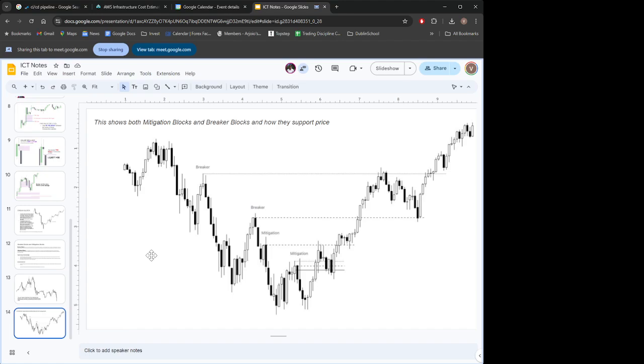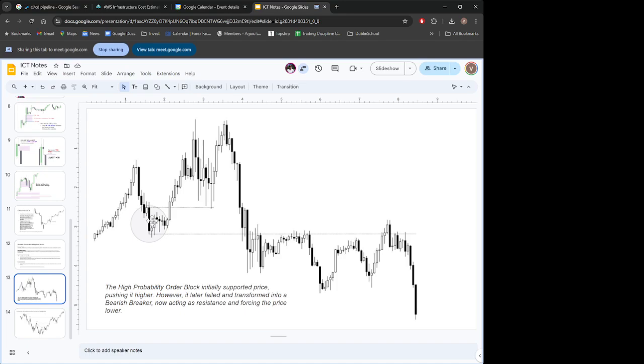For example, I'll go to the previous one. Here, what happened was they accumulated their orders, and they took shorts. In this whole region, they have taken shorts. So now they're saying that I don't want price to go up here, because then I will end up in a loss if it starts going in the opposite direction, right?